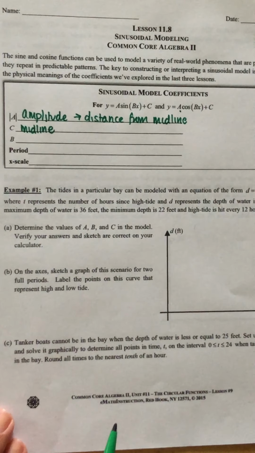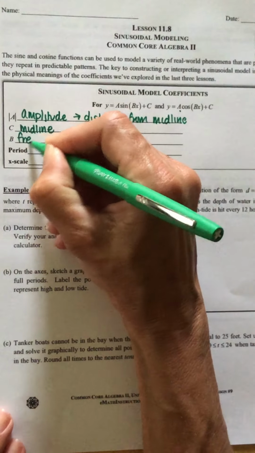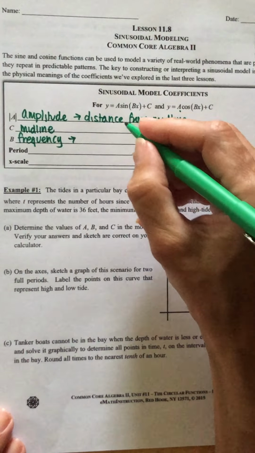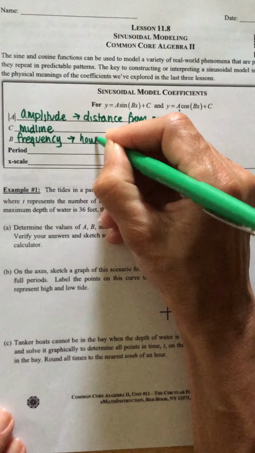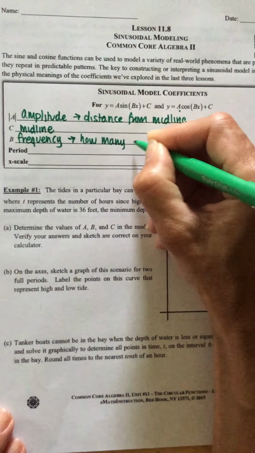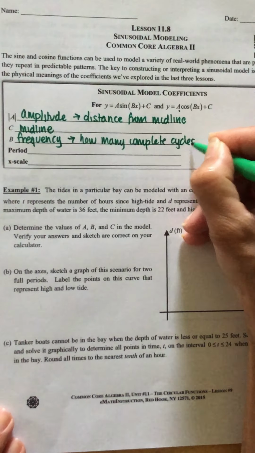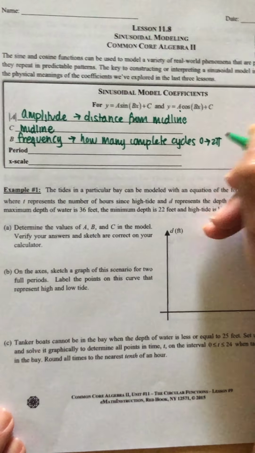B value, that's your frequency. And that tells you how many complete cycles you'll see if you graph from 0 to 2 pi.